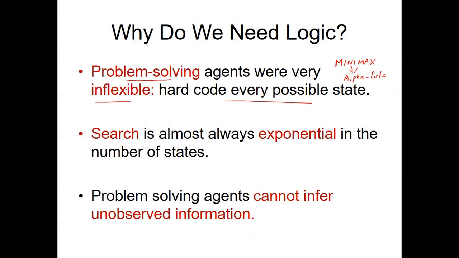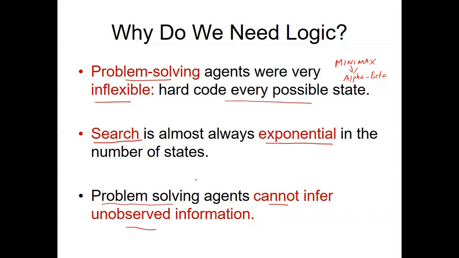So such problem solving agents generally seem to be inflexible, and in most cases their search complexity is exponential in time. Further, these problem solving agents cannot infer unobserved information. Based on some existing information, they cannot infer new things.